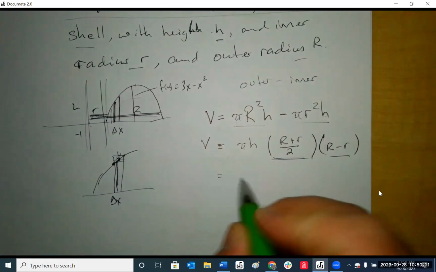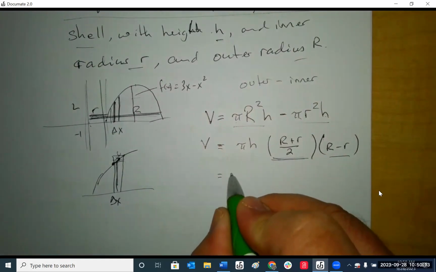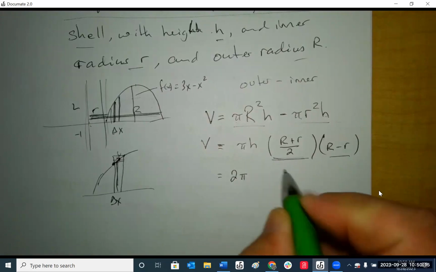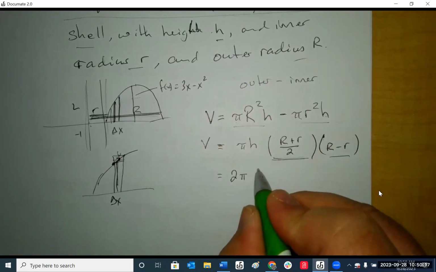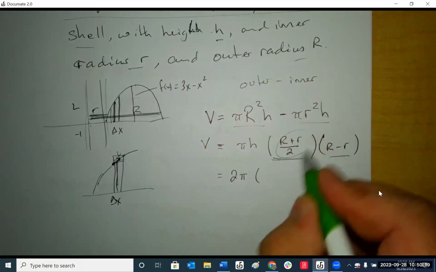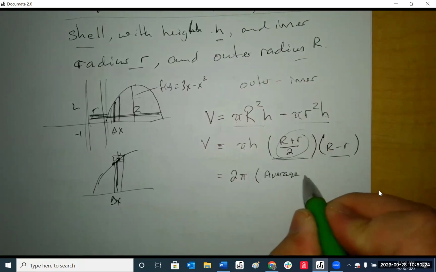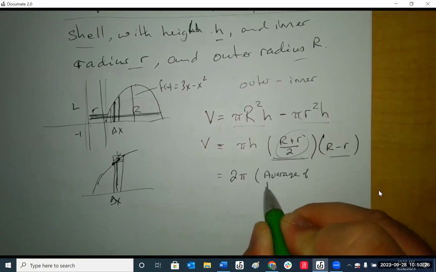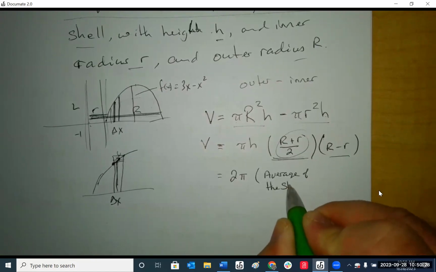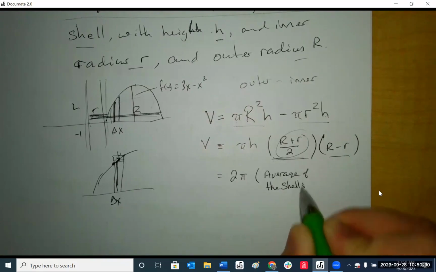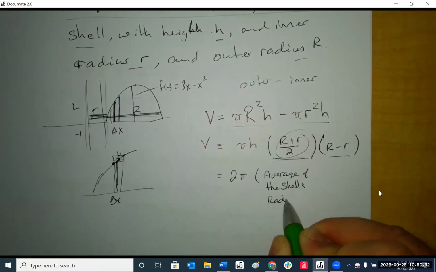So if we put this into words, this would be 2 pi times the average of the shell's radius.